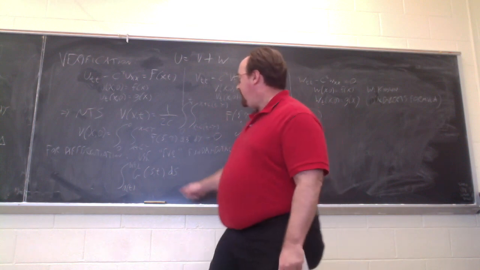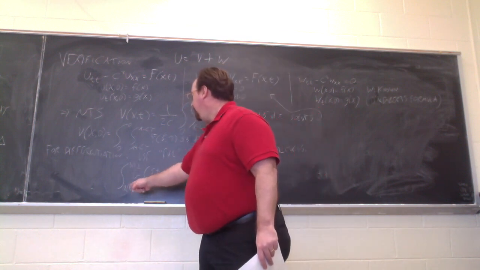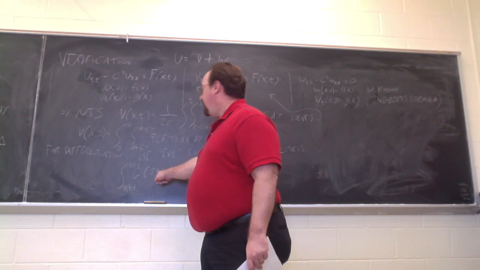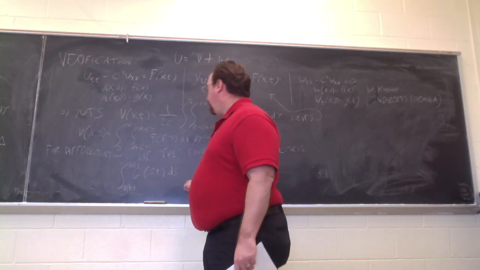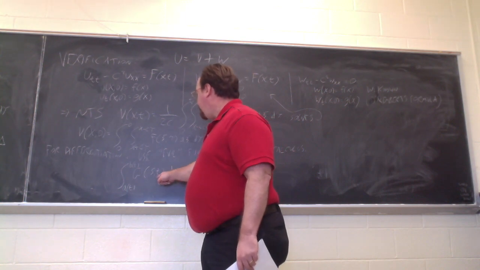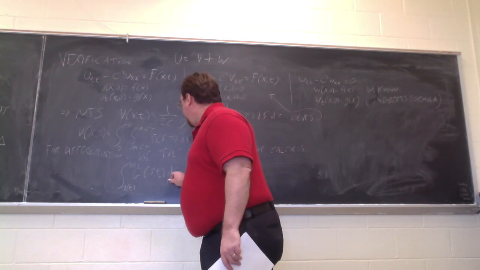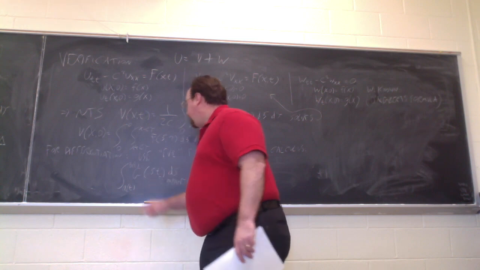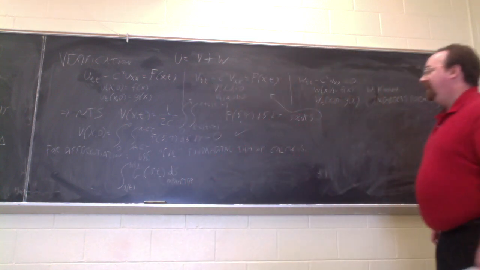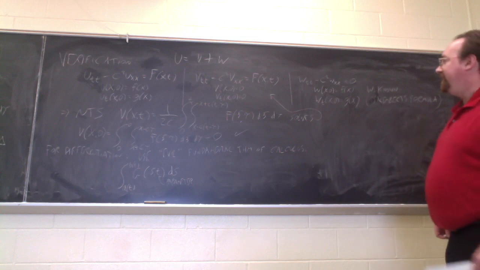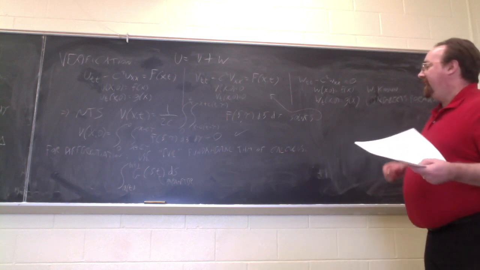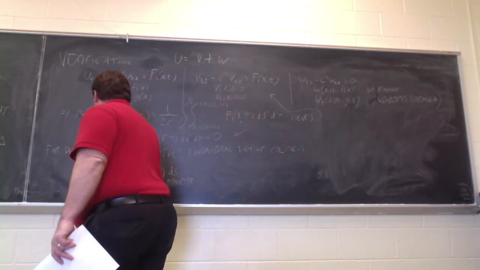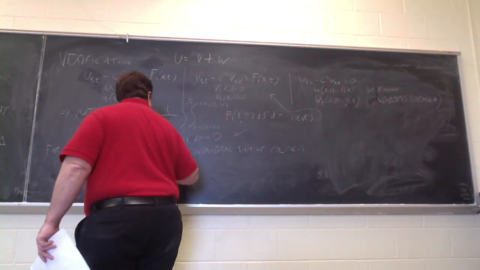So t plays a role in both limits, and it plays a role in the integrand itself. We're integrating with respect to s, but t is playing the role of some parameter that also affects the integrand. If you have all these different kinds of dependencies, how do you compute the derivative of that with respect to t?